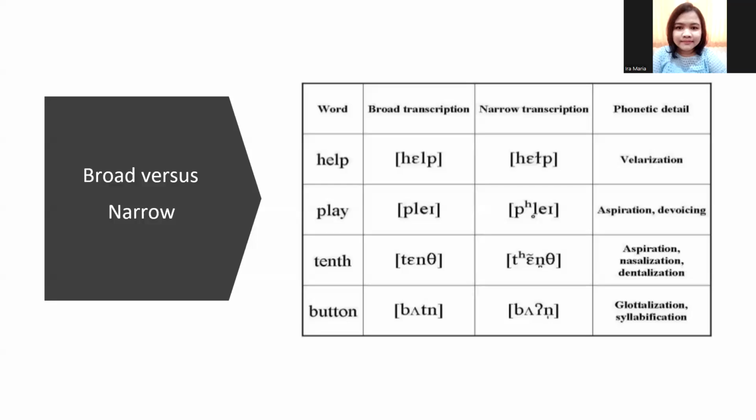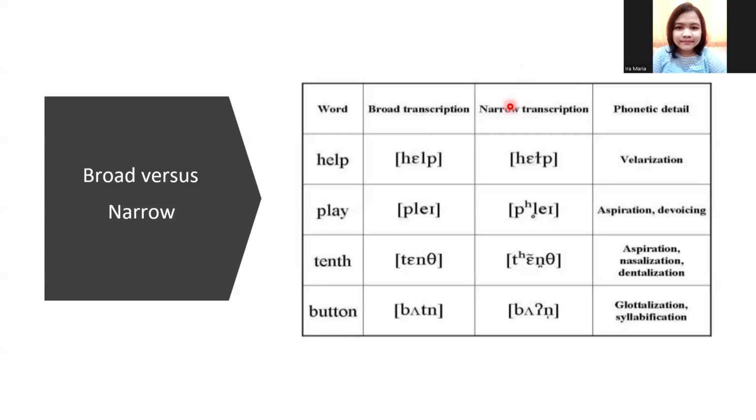So let us see how broad and narrow transcription differs. If you see the word help here as the example, the first example we have here is helped. So if you see the broad transcription here, the word helped. So this is the general transcription or broad transcription that you learned before.